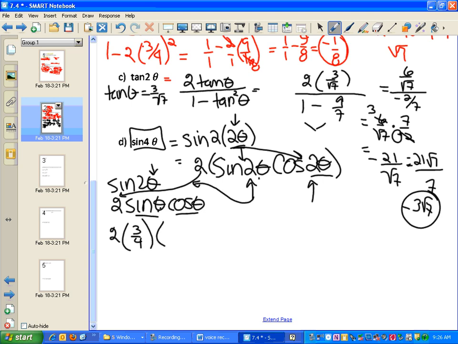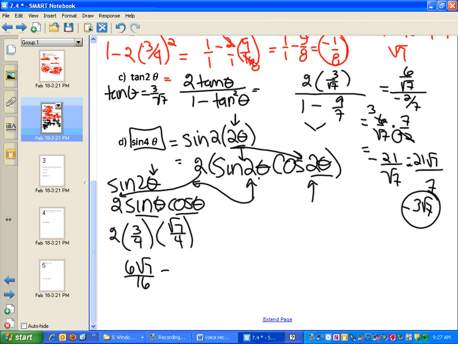And the cosine of theta is? Root 7 over 4. So this is going to be 6 root 7 over 16, which is 3 root 7 over 8. Right?